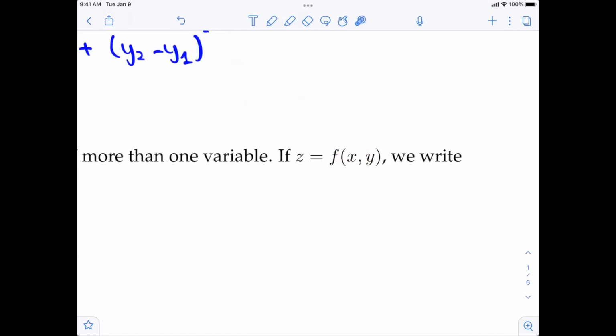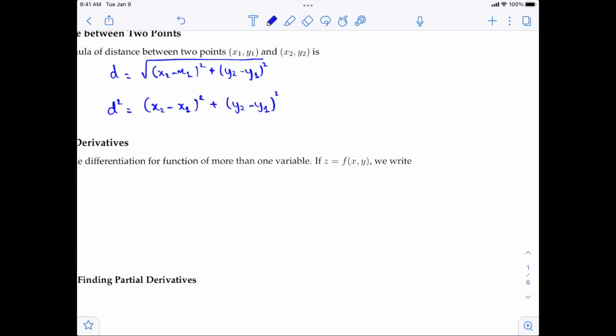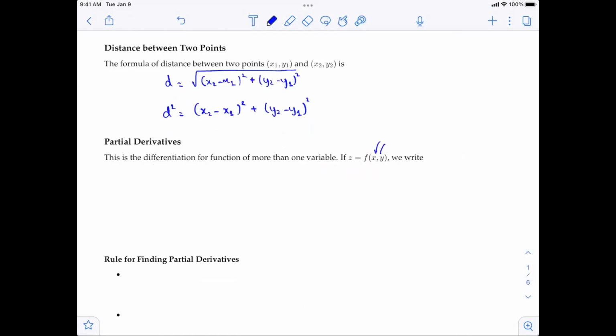Here x and y are both independent variables. Another way to say independent variables is inputs. That's the input that you put in, you do the calculations, and then you obtain an output, or the dependent variable. So z is the dependent variable.